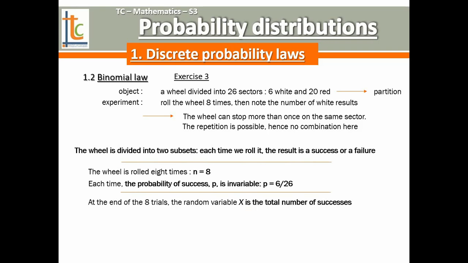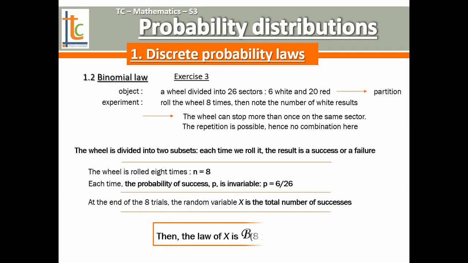At the end of the 8 trials, the random variable X is the total number of successes. So your variable has to count the number of successes and nothing else. In those conditions, you can talk about a binomial distribution for the variable X, for the number of successes.